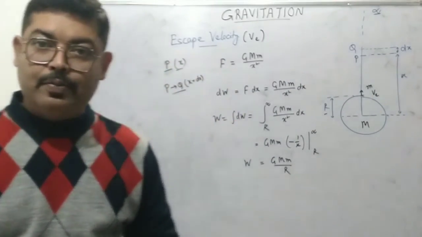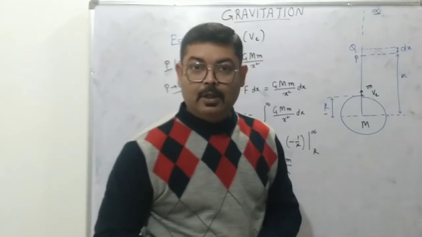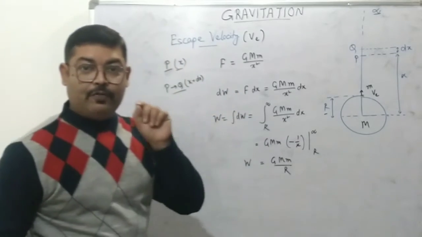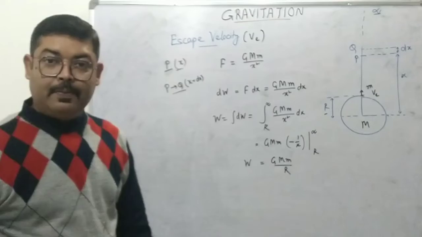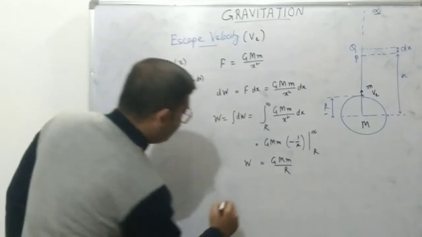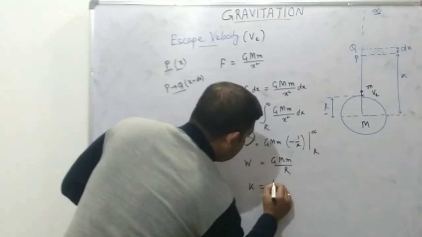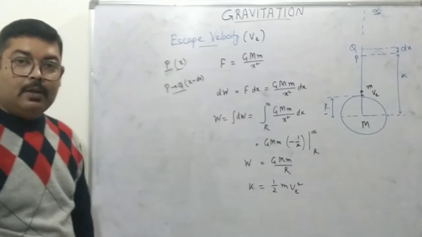Now how do we do this much work? By providing it with an initial kinetic energy, by virtue of its initial projection velocity, the velocity with which we project the object. So what is the kinetic energy of projection? It is half m v e squared, right?